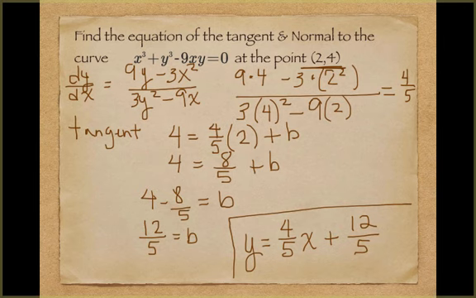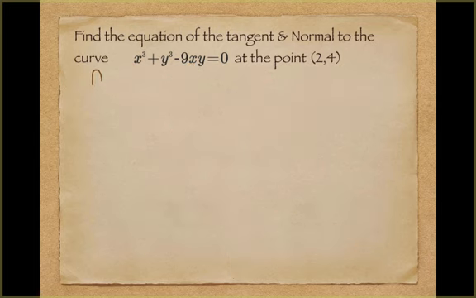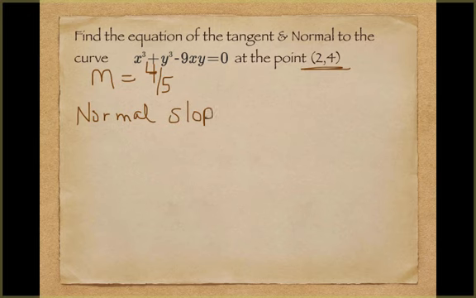All right, so now the last thing we need is the normal to the line. So I already have the slope at the point 2, 4, which is 4/5. My point is 2, 4. Now this is the slope tangent to the line. Normal to the line, remember, is a 90-degree angle. So my normal slope equals negative 5/4.